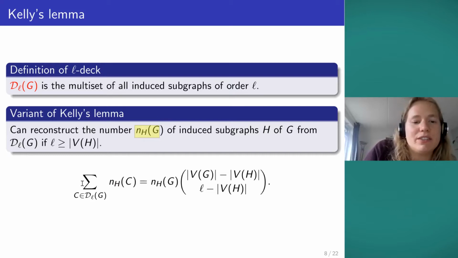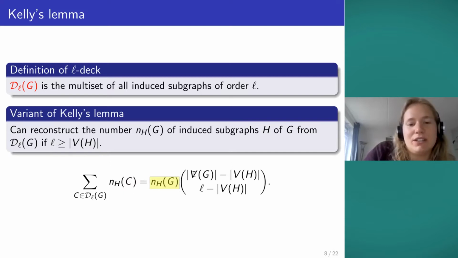And now the only thing we have are again these cards. So we're just going to count the number of H subgraphs in the things that we do have, just like we did for the edges. By the assumption that L is at least the number of vertices of H, it does fit on a card. So how many cards is it going to fit on?